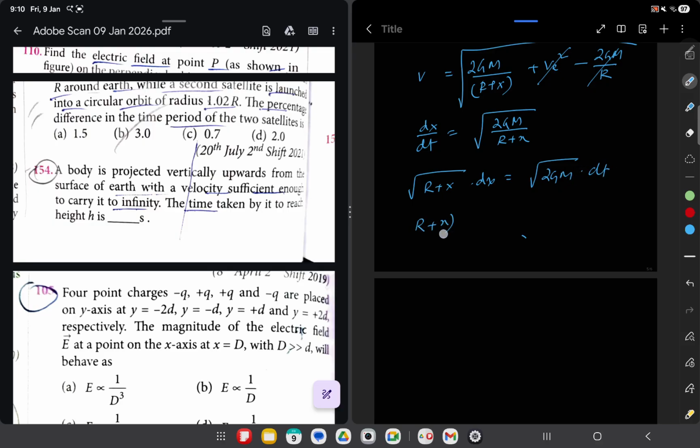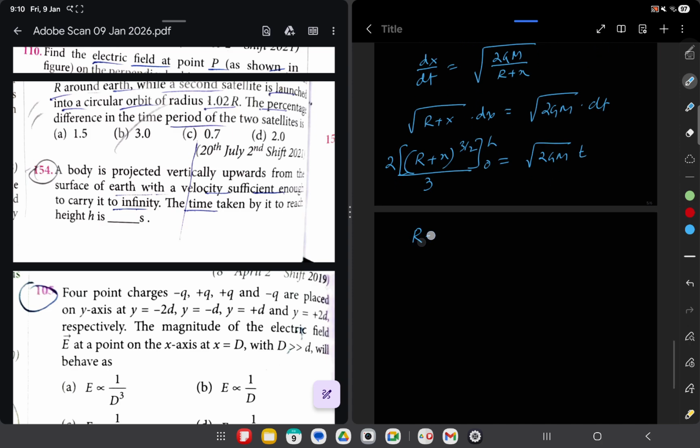So you will be getting r plus x to the power 3 by 2 by 3 by 2 is equal to root over 2GM into t. So this is 0 to h. So you will be getting r plus h to the power 3 by 2 minus r to the power 3 by 2 by root 2GM is equal to t.